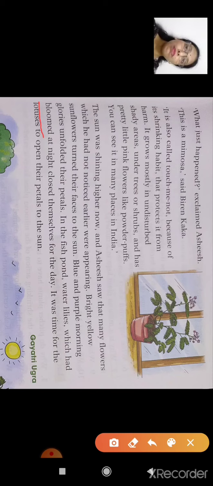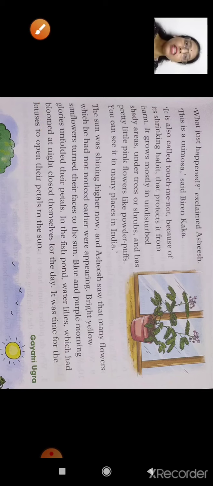They bloom at night, and they close themselves during the day. So in the fish pond, there were water lilies which had bloomed at night and closed themselves for the day. And now it was time for the lotuses to open their petals to the sun. Now lotuses were opened wide and they were blooming.